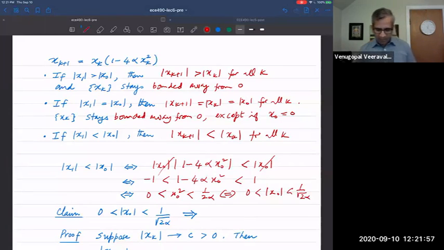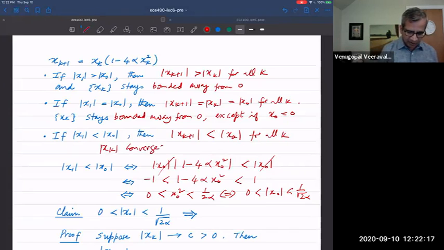So if the magnitude of x0 is less than 1 over square root of 2 alpha, so if I started at a point with that condition, then I'm at least decreasing. It'll converge to something. So xk converges in this case, right? But does it converge to 0? You expect it to converge to 0, right? But you need to prove it.